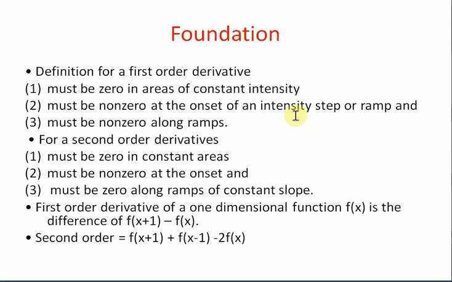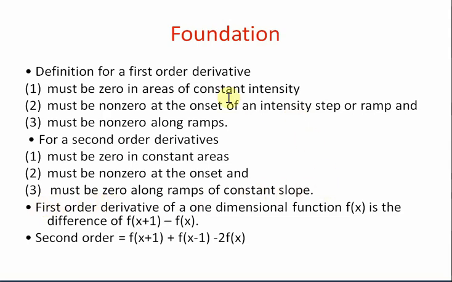Okay, right? Now coming to the second order derivative. For the second order derivative, the definition is that it must be 0 in constant areas, the same as in the first order derivative. Next, it must be non-zero at the onset of an intensity step or ramp. And the next one: it must be 0 along ramps of constant slope.